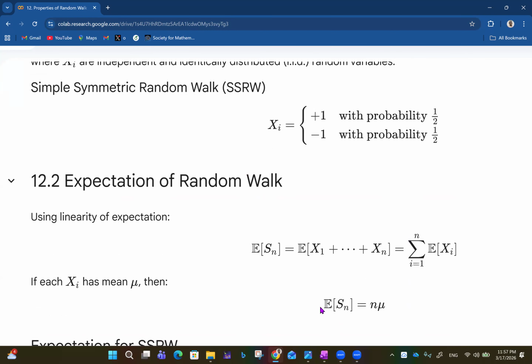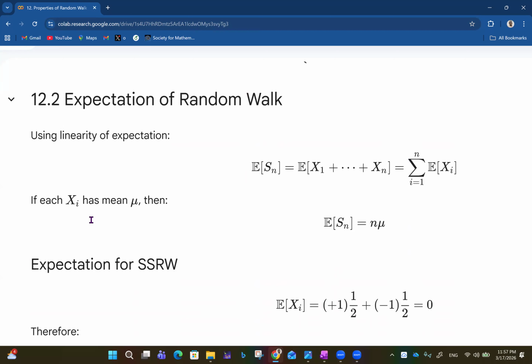So we talk about the expectation of a random walk, which we already dealt with in the last video. Using linearity of expectation, the expectation of Sn is the expectation of X1 plus X2 plus all of that up to Xn. In essence, we have the summation from i equals 1 to n of the expectations of Xi. If each Xi has mean mu, then the expectation of Sn is simply n multiplied by mu.